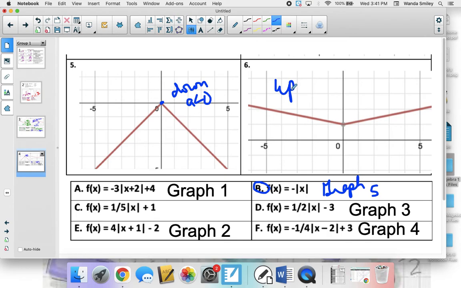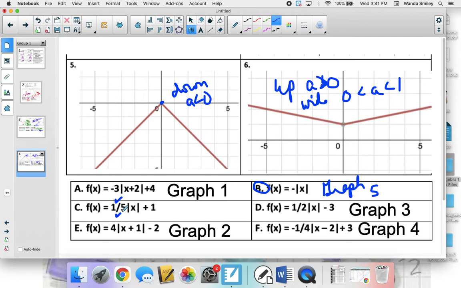Uh-oh. I did something wrong. No, that's right, up. So A is greater than 0, so it's positive. So that checks that part. And it is wide, so that means it's between 0 and 1.